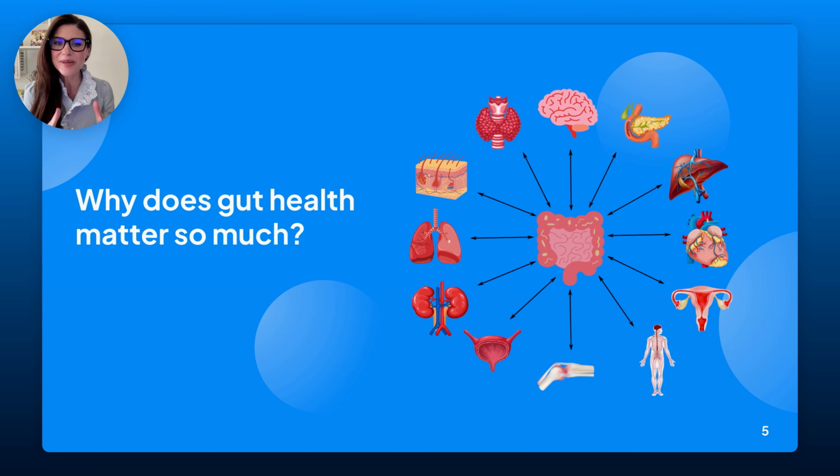So let's talk a little bit about gut health and the GI map test itself. Why does gut health matter so much? It's so interesting because we've really seen this focus the last 10 to 20 years as the science has grown, and we've learned so much more about gut health, about how it affects every single system you see here. And so a lot of people love to talk about the gut-brain axis, or the gut-lung axis.